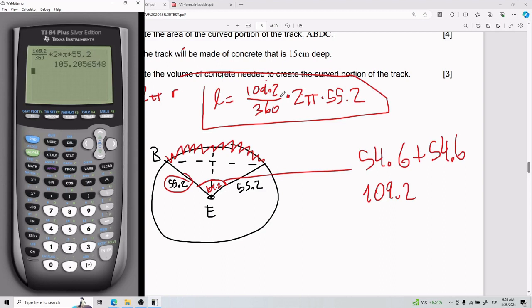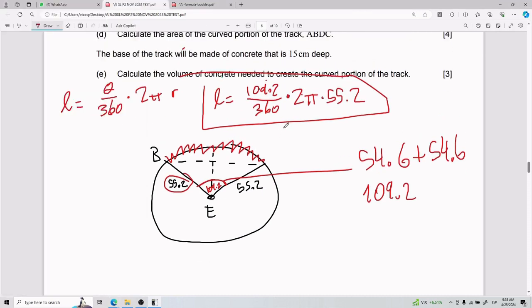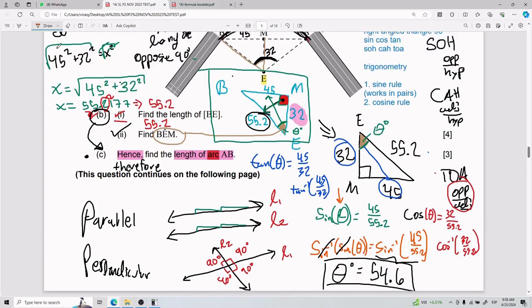Bada bim, bada boom, the length of the arc is going to be 105.205 is what we got, right? And if you count three significant figures, you count 1, 2, 3. Do you round it up or keep it the same? You keep it the same. And so for part C, therefore, we have an arc length of 105 meters. Okay, so that is for part C.